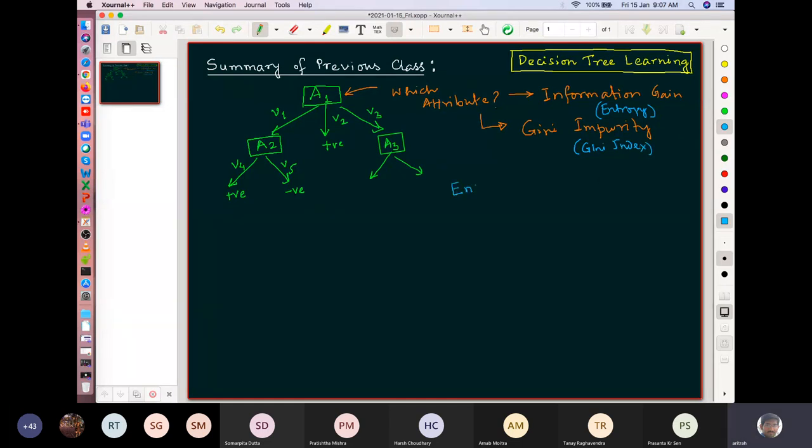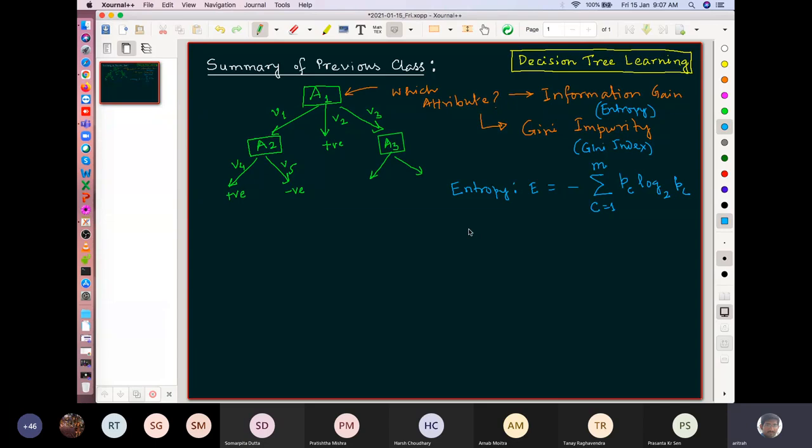We have also seen the definition of entropy: if we have M classes, then E equals minus summation over the classes, each probability times log of that probability, as our entropy.